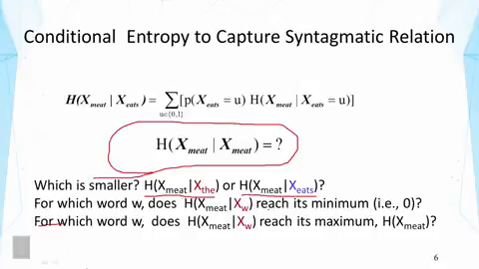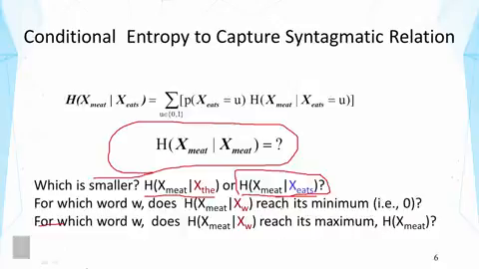So knowing presence of eats or absence of eats would help us predict whether meat occurs. So it can help us reduce the entropy of meat. So we should expect the second term, namely this one, to have a smaller entropy. And that means there is a stronger association between meat and eats.